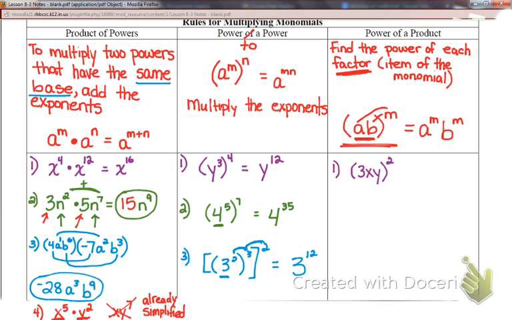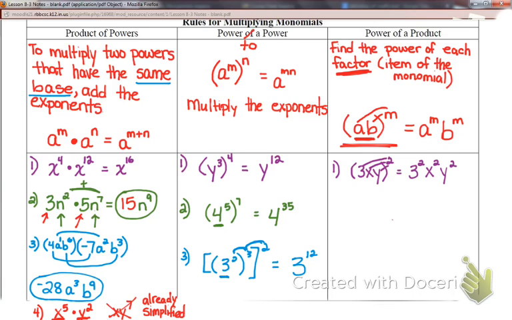And like I said with the distributing, you just take the exponent of 2 and you just make sure that each item that was part of that product gets squared. So that's like 3 squared, and then times x squared, and then times y squared.